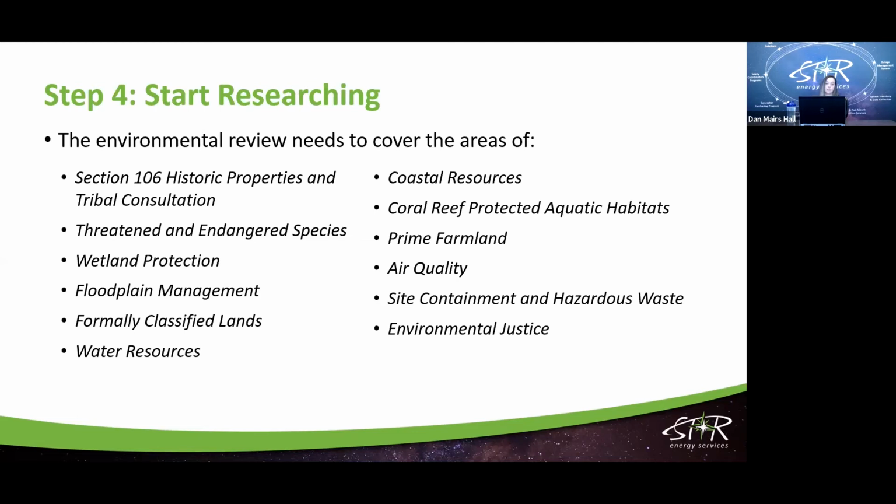Step 4, once we have identified who we need to consult, we start doing the research. This is just a list of some of the stuff that the environmental review needs to cover.